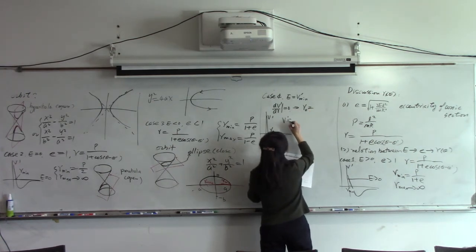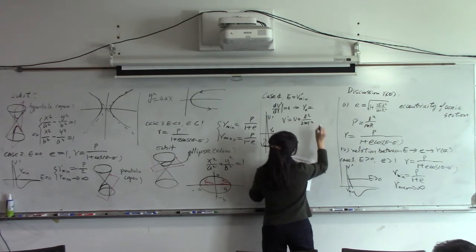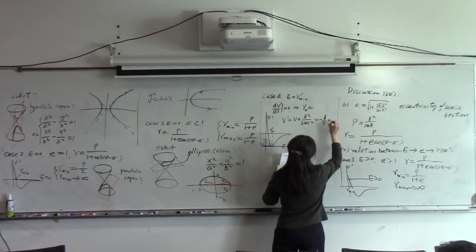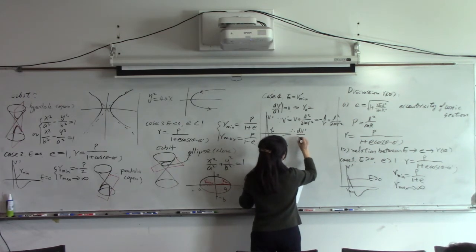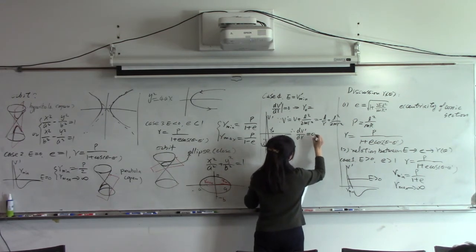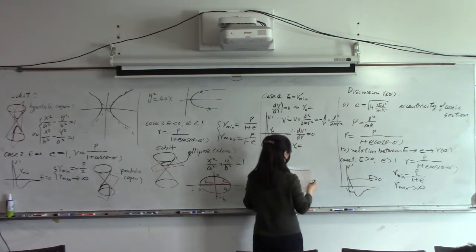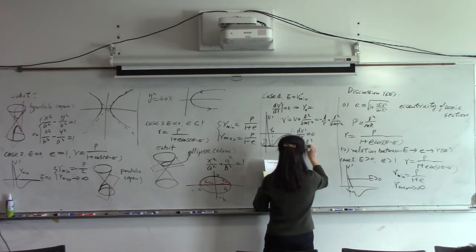V prime is V plus the centrifugal term, remember this? And V is minus k over r. So dV prime by dr equals 0. I just gave you the result, you can do it yourself. R naught is equal to L squared over mk.